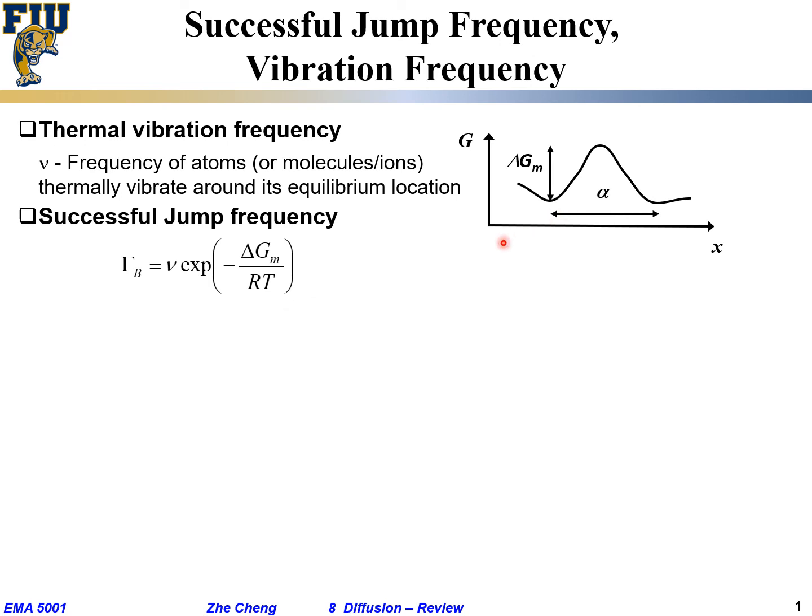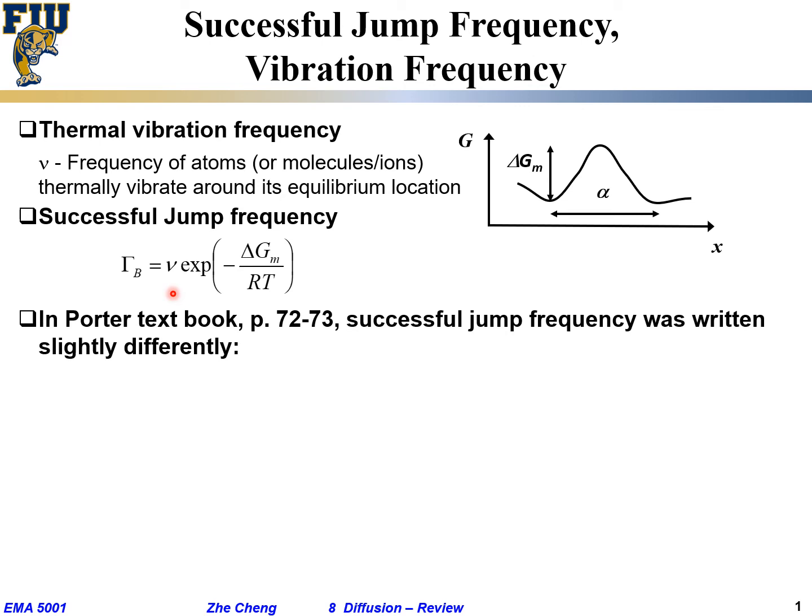That's the relationship in this class that we talk about between successful jump frequency gamma and the thermal vibration frequency mu. On the other hand, if you read the textbook, especially in the Porter text on page around 72 to 73, the successful jump frequency was written in a slightly different fashion from what I give here. Gamma B is Z times mu prime times the exponential term, or the probability term.